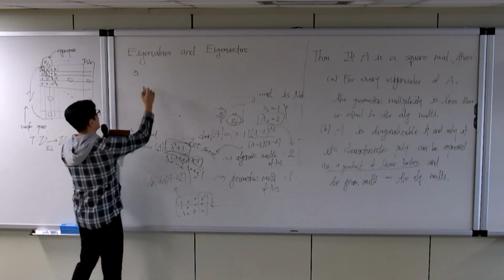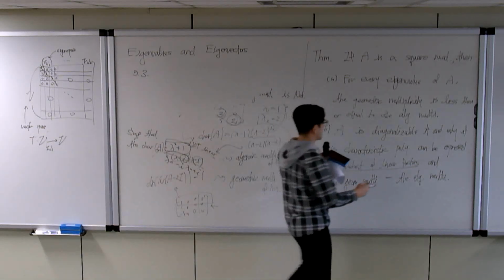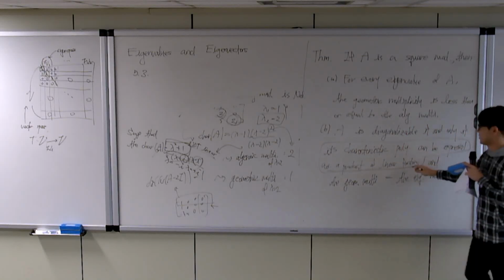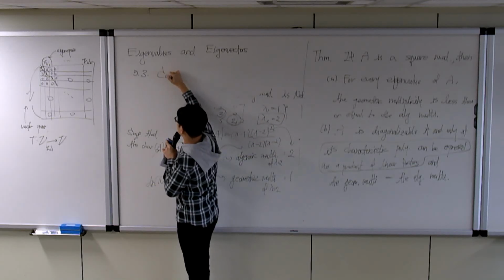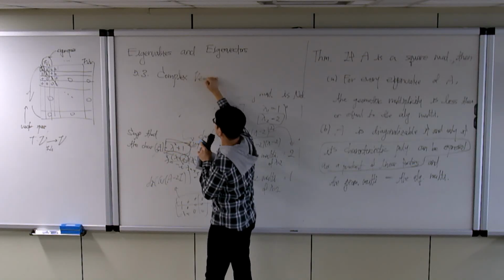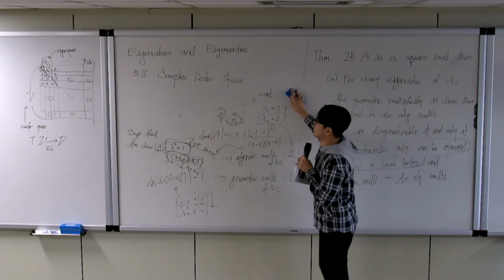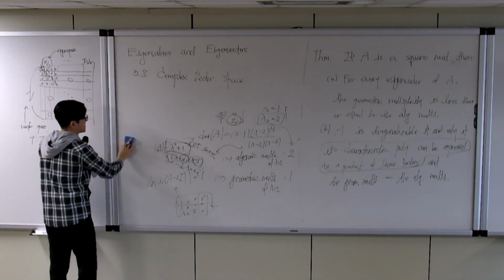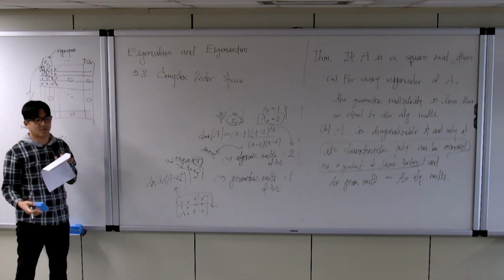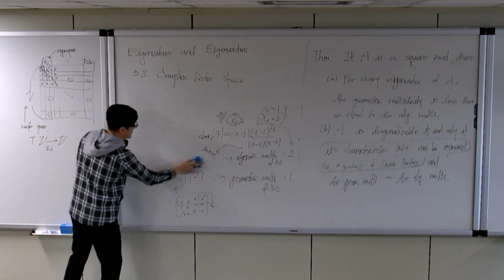And we might write it as V1, V2 to Vn. The space of these complex n-tuples is called the complex n space.